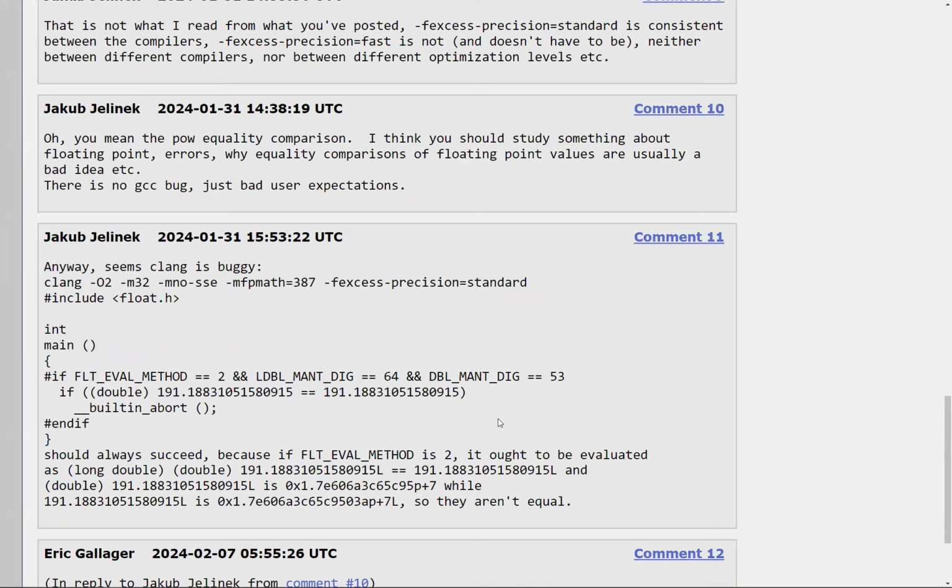I don't know. So, okay. FLT_EVAL_METHOD. Long double mantissa length.